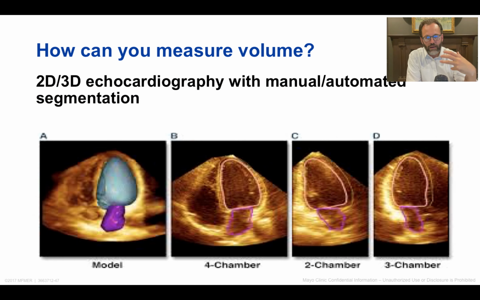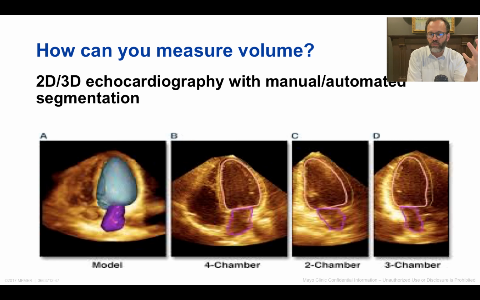Now, when you're looking at measurements that are much less invasive than a conductance catheter, or perhaps much more high throughput and easier to administer than a CT scan, you can use two-dimensional or three-dimensional echocardiography with manual or augmented segmentation of the ventricle. Of course, with two-dimensional echocardiography, you're largely making some critical assumptions about the geometry of the ventricle and how you're going to solve for volume.